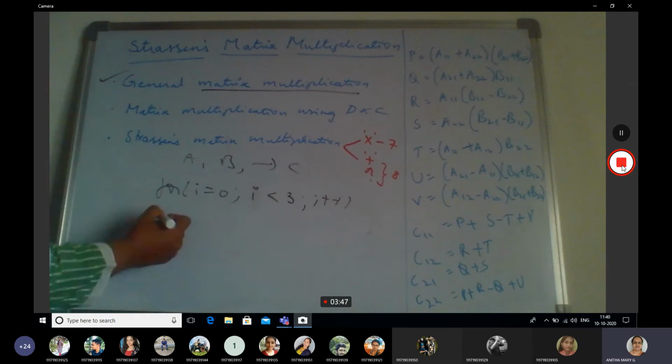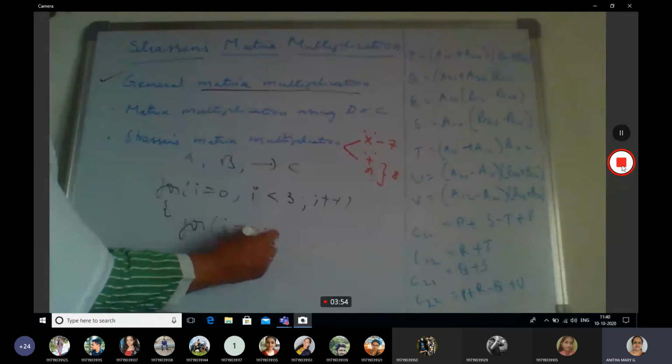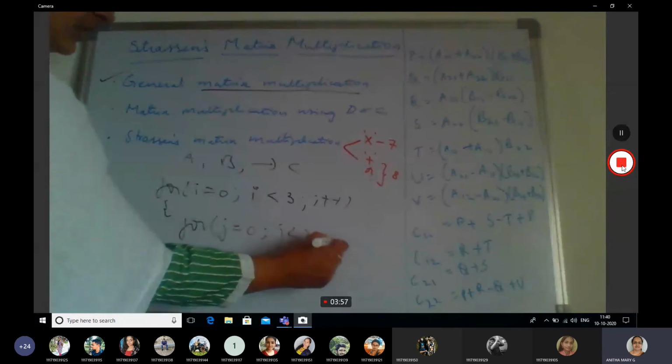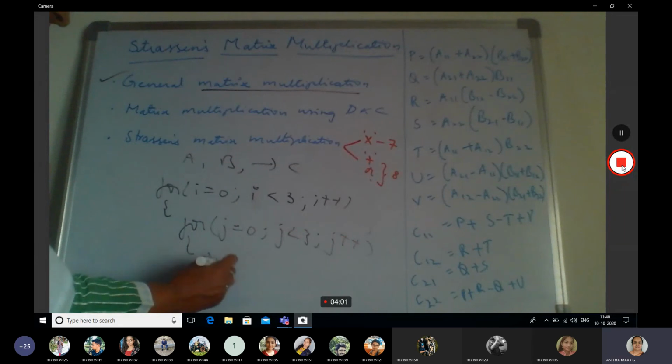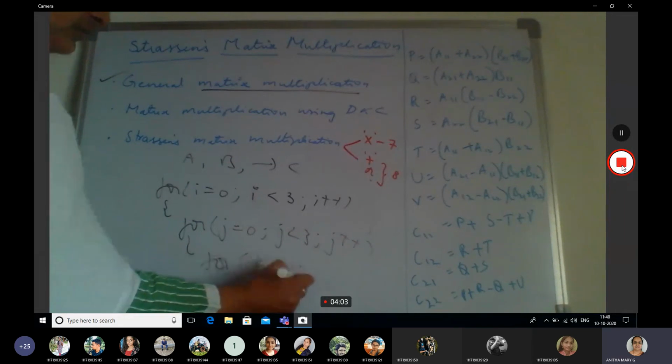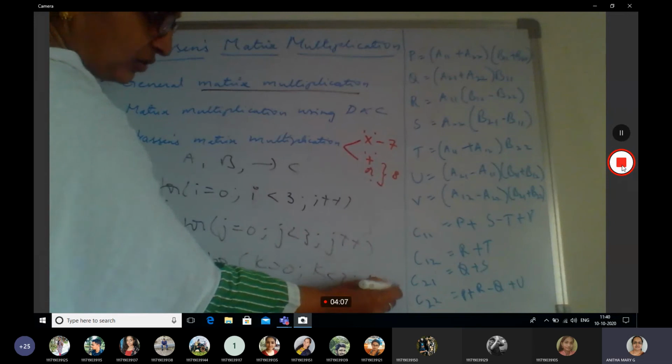So this is for i, for rows, this is for columns, and maybe another for loop for k. Do you remember this coding, how you might have written it?